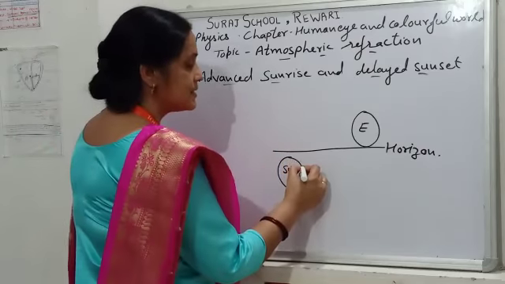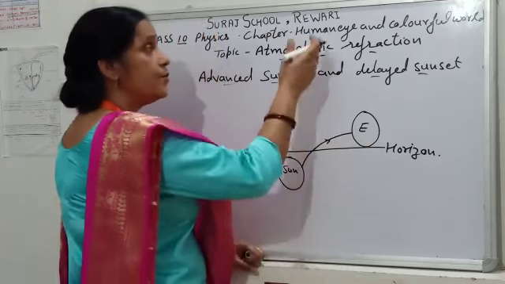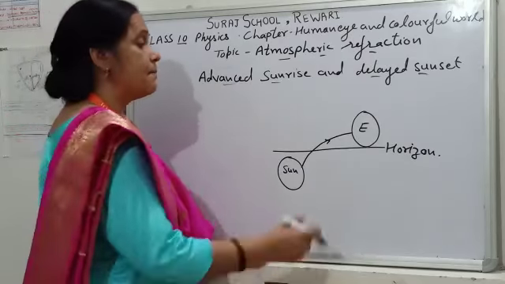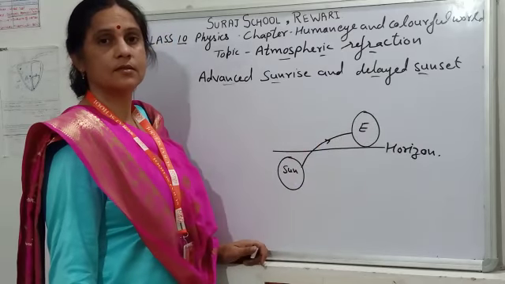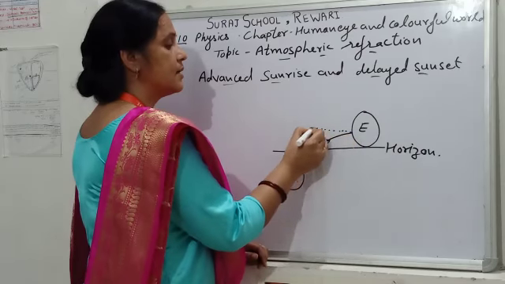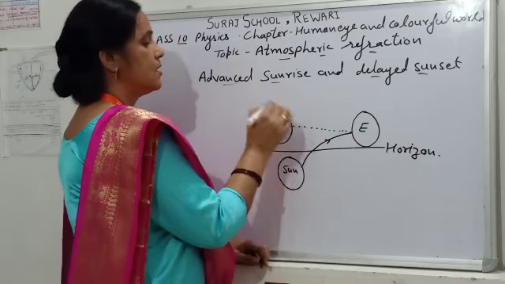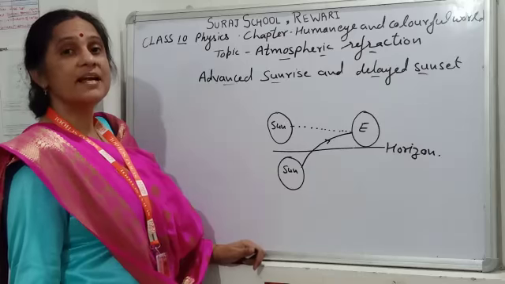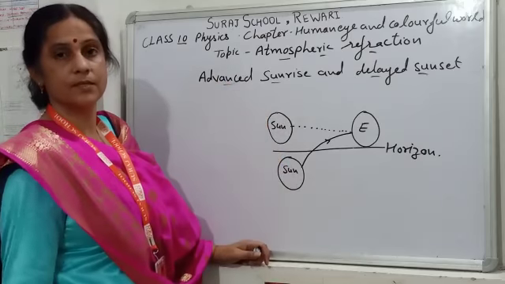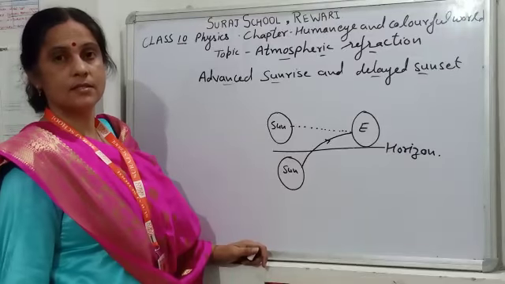When sun rays enter our atmosphere, then due to atmospheric refraction, they bend. And the bent light reaches the earth. And our eyes make the image of the sun in the straight position of this bent light, which makes the virtual image of the sun that is above the horizon, so that we can see the advanced sunrise.